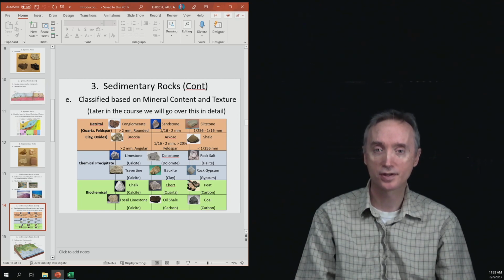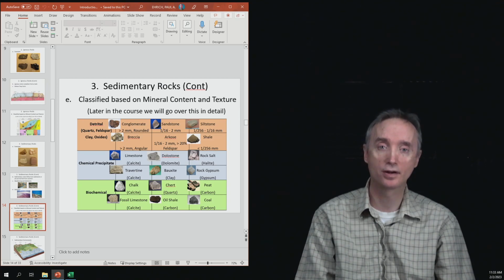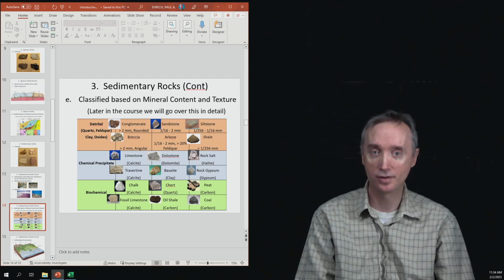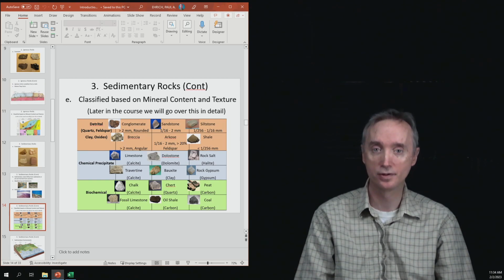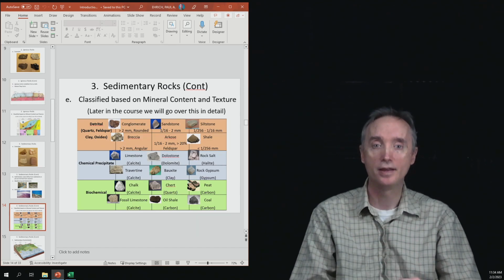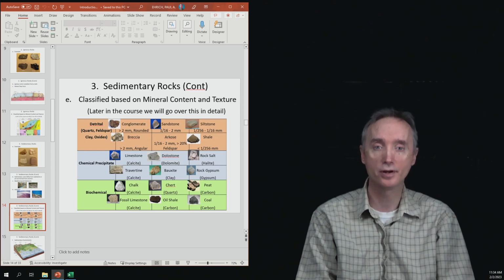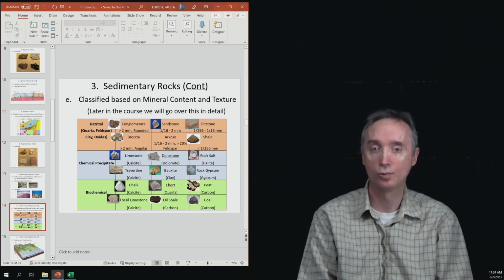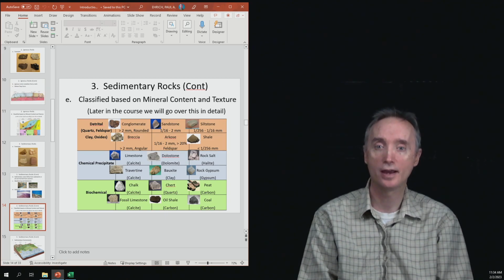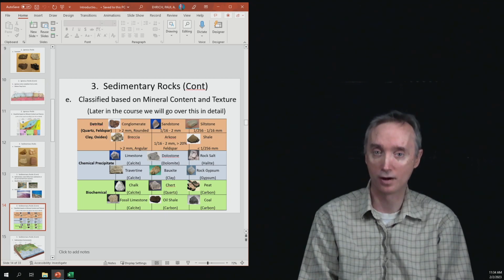Then you'll also notice that another type of sedimentary rocks are going to be called chemical sedimentary rocks. So this is going to happen when chemicals combine together and then precipitate down, and then they form these rocks. So we already mentioned limestone is one kind of chemical sedimentary rocks. And then you also have biochemical rocks.